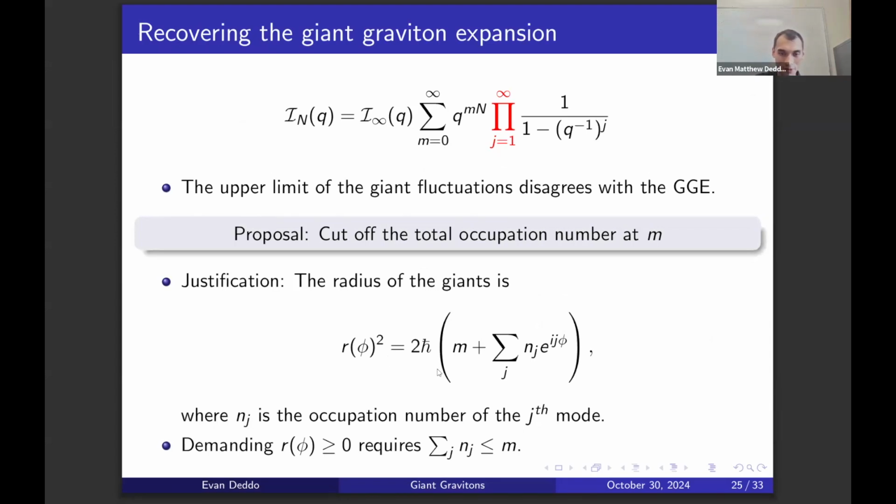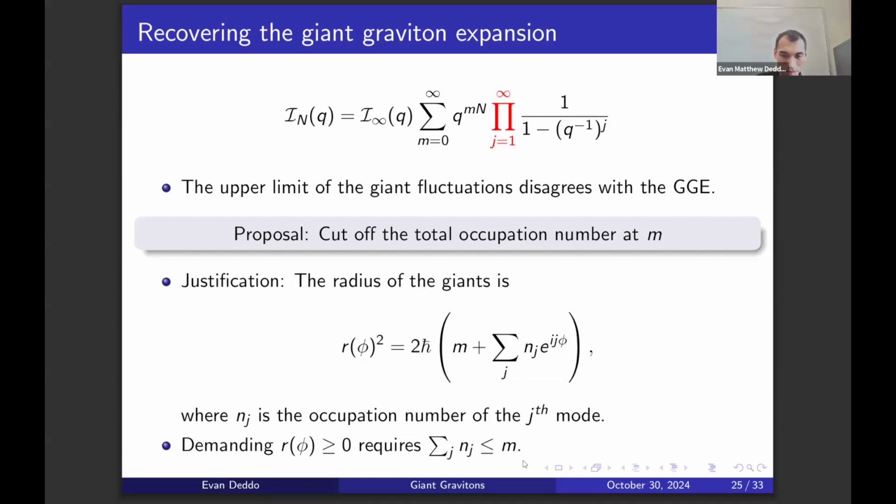With this proposal, if we look at the radial profile of a giant, we have the part that corresponds to just the integer m describing the size. But then we add in these modes. And if the total occupation number in all the modes goes past m, it's possible, depending on the phase, that the radius goes negative. So we should demand this cutoff: occupation numbers for these modes cannot go past little m.